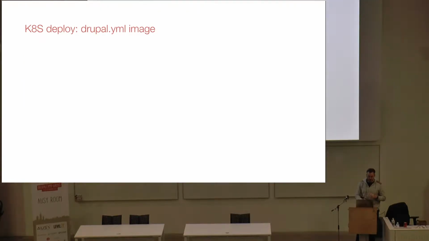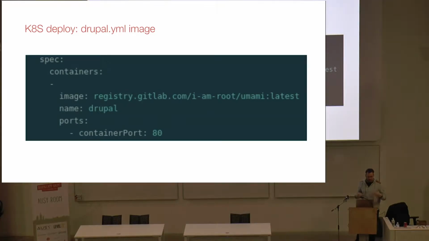And in the Kubernetes deploy, we just define the image that is used for Drupal as the one defined in your GitLab registry. So for the default, it is registry.gitlab.com/imroot/umami, and it takes the latest tag.